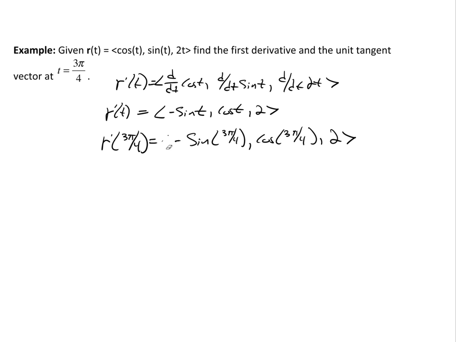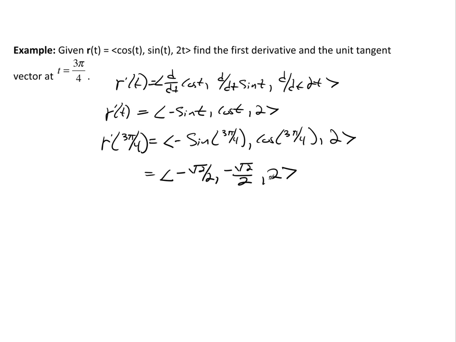Those are parentheses; I'm writing in vector component form, in case you didn't quite catch that. Sine of 3 pi over 4 is root 2 over 2, but the negative of it is going to be negative root 2 over 2. Cosine of 3 pi over 4 is negative root 2 over 2, and of course 2 is just 2. So there's my tangent vector at that specific point.